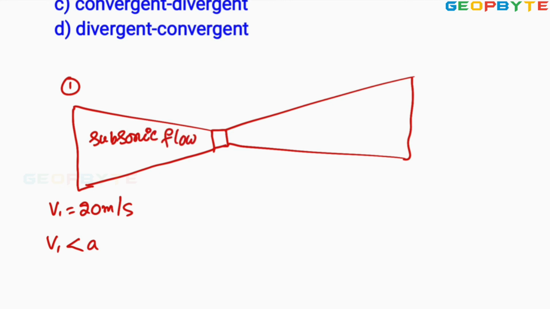That subsonic flow becomes sonic flow at the throat. At the throat, the velocity V2 equals sound velocity. In the diverging section, the flow is always more than sonic velocity. This is the region where the steam is maintaining supersonic velocity.